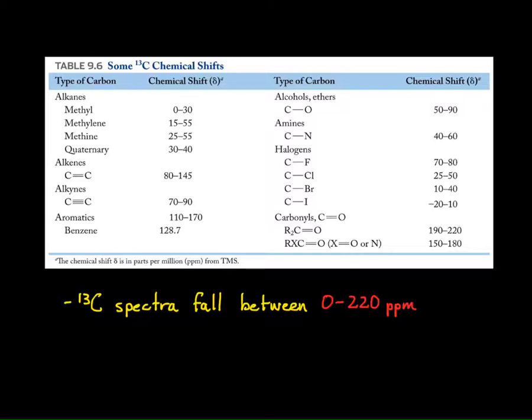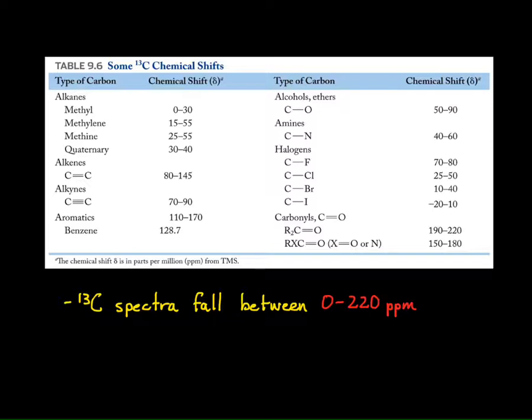And so now notice on the right-hand side of our table, we have carbons that are attached to various electron withdrawing groups. So carbon attached to an oxygen is shifted downfield to between 50 and 90 relative to that of an alkane.